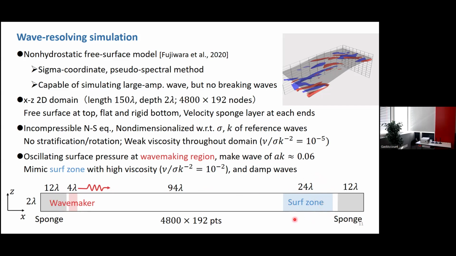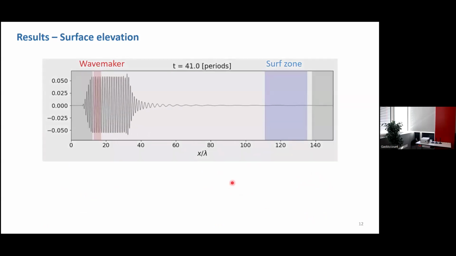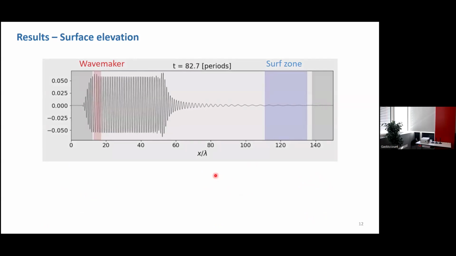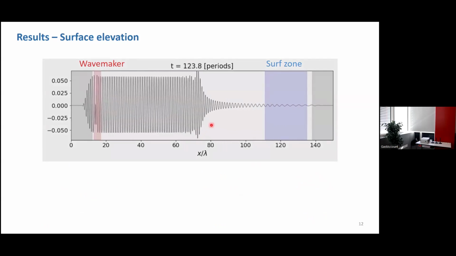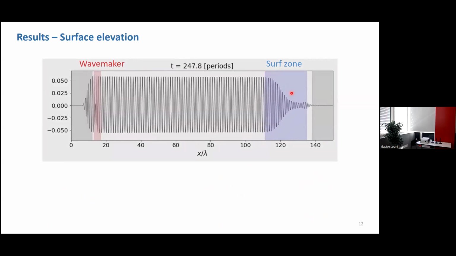It's not actually breaking waves, but I try to mimic the surf zone by imposing a higher viscosity out here. So this is how the surface elevation looks. The waves propagate towards the right with the group velocity of the carrier waves, and are damped when they enter the surf zone.